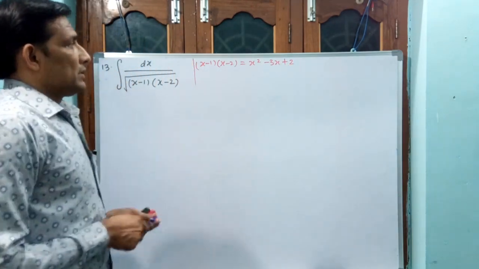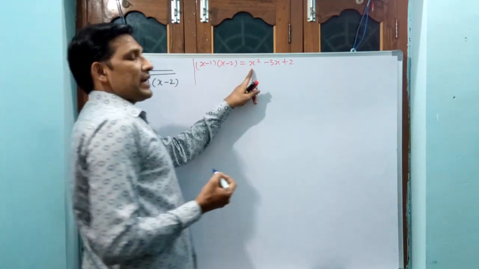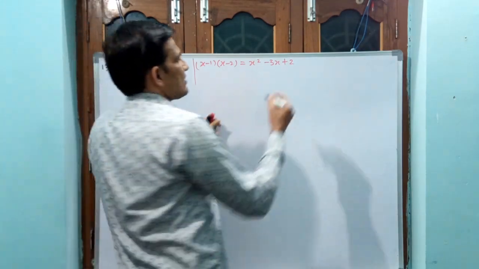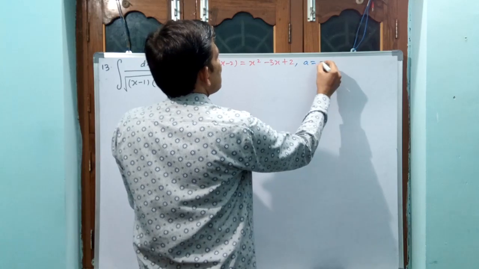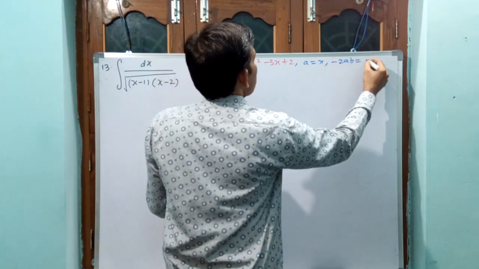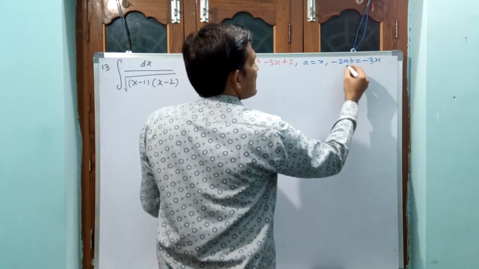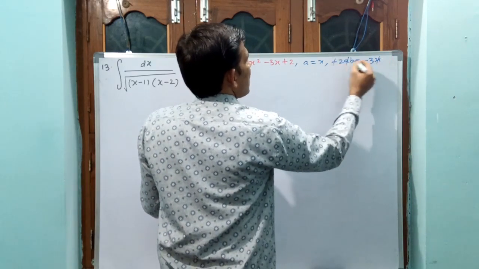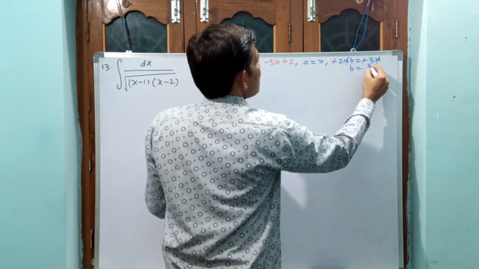Now you see, it is looking like a square minus 2ab, where a is x and minus 2ab is like minus 3x. A is x, minus minus cancel, b is equal to 3 by 2.